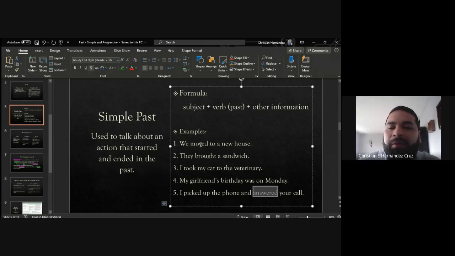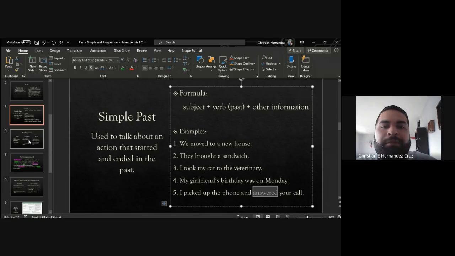So we have main verbs which we just add a d to. We have main verbs which are irregular, such as number 2 and 3. We have main verbs which are just simply be verbs. And we can have more than one main verb in a sentence. So that was a simple past.